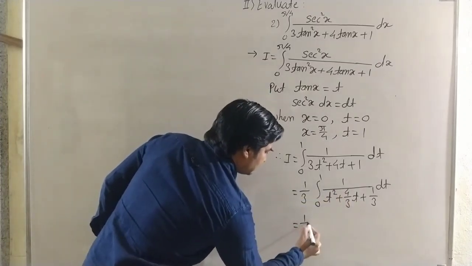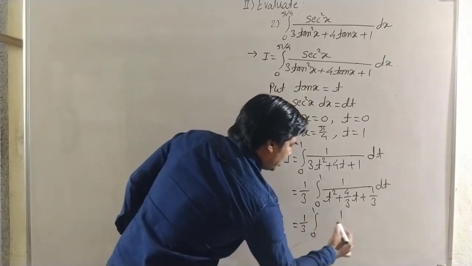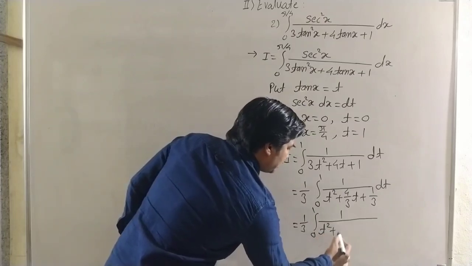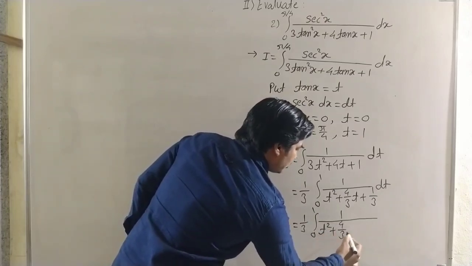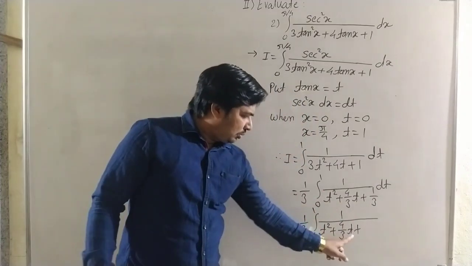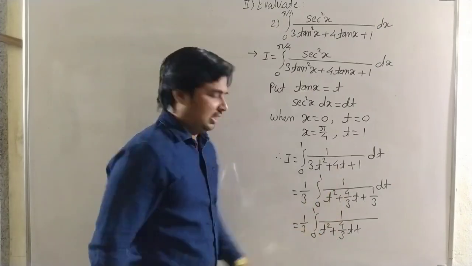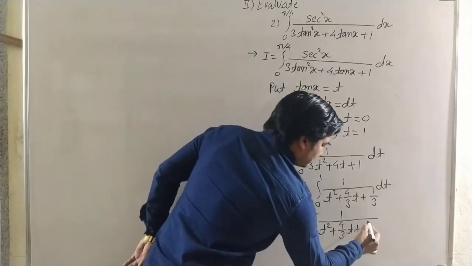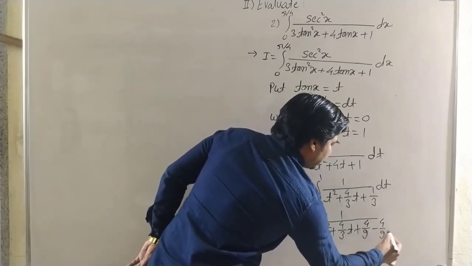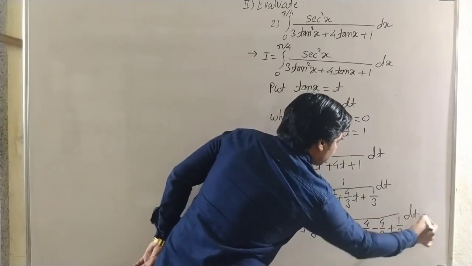Again 1 by 3 integral of 0 to 1 upon t square plus 4 by 3 t plus the square of half of 4 by 3, which is 2 by 3, and square of 2 by 3 is plus 4 by 9 minus 4 by 9, and plus 1 by 3 as it is, dt.